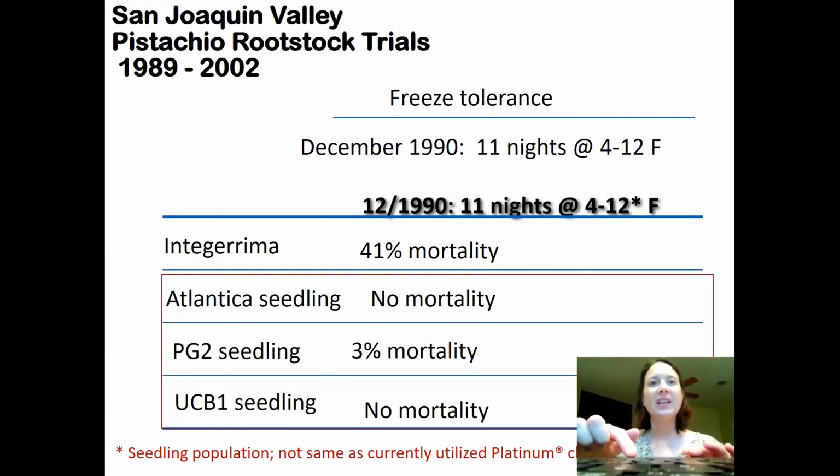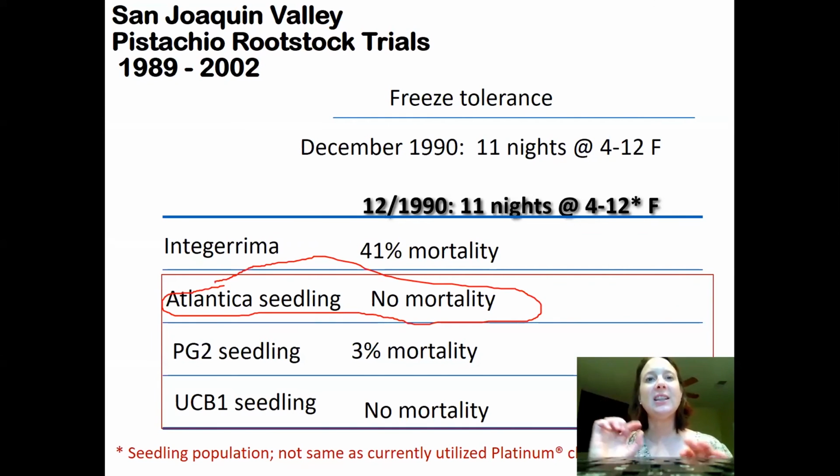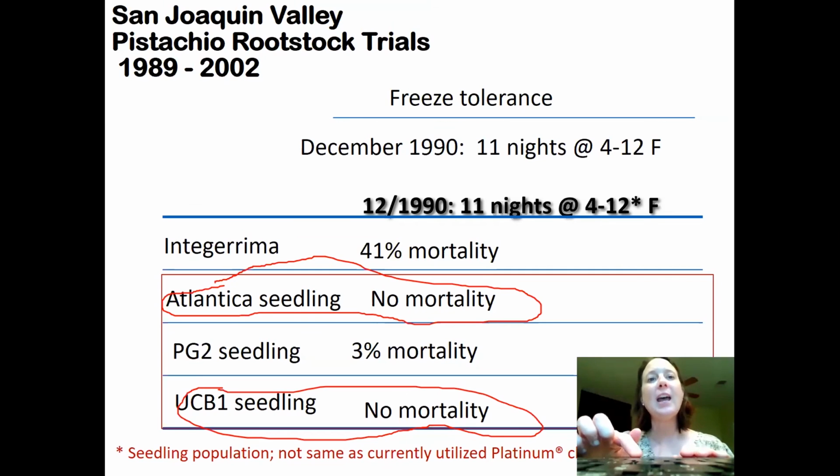For example, the Atlantica seedlings had no mortality, suggesting that the Atlantica component of the UCB1 parentage was probably what offered some of that cold tolerance to those UCB1 seedlings. Also, the UCB1 seedlings had no mortality, and the PG2 seedlings had very low mortality.